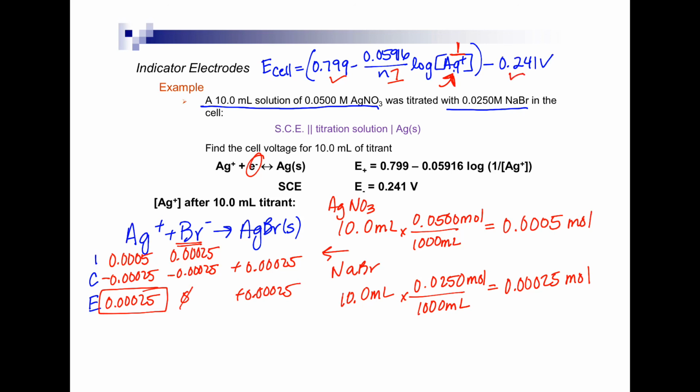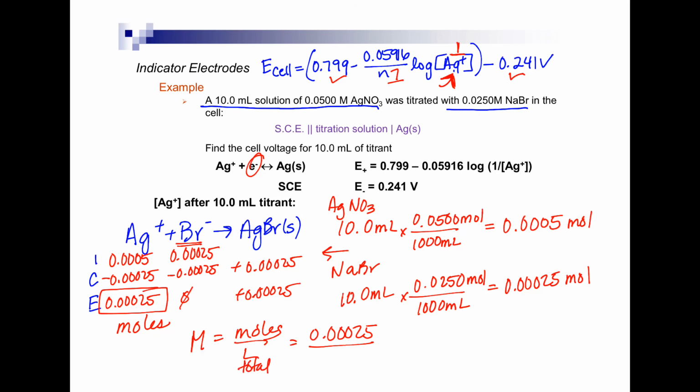Now the difference between what we've calculated and the concentration is we've calculated moles down here, but we need molarity, and that's moles per liter. Like this. And divided by the number of liters, and it has to be the total liters.